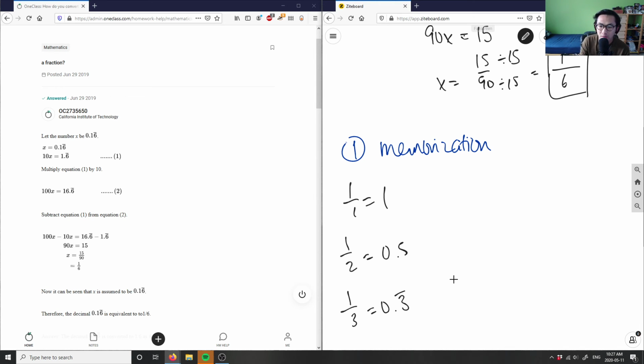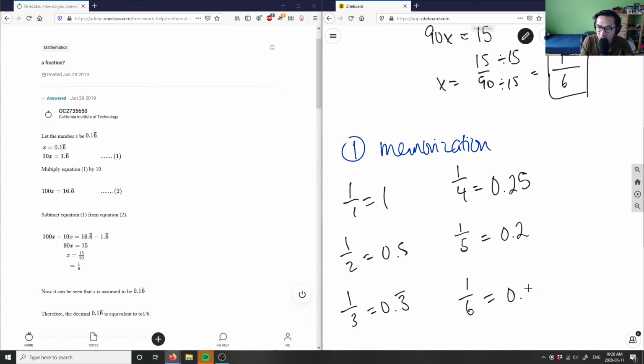Then 1 over 4, we know, is a quarter, right? A quarter is worth 25 cents. And then 1 over 5 is 0.2. Again, 0.2 times 5 equals 1. And 1 over 6 would be the one that I just solved for, so 0.16 bar.